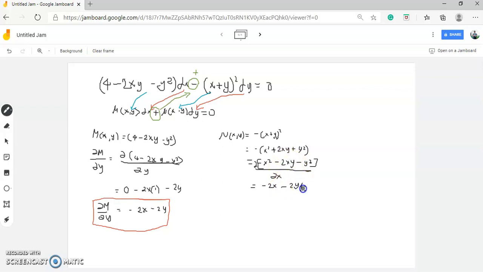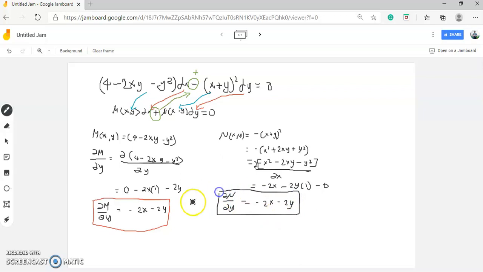Derive x, that is 1. Derive y: y is different from the variable x, so it is a constant. It's just like minus 2, and the derivative of 2 is 0. So therefore, partial of N over partial of y is just equal to negative 2x minus 2y.